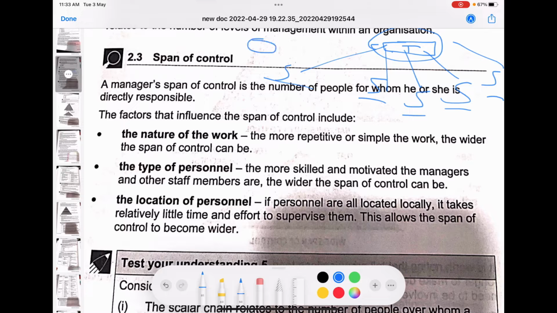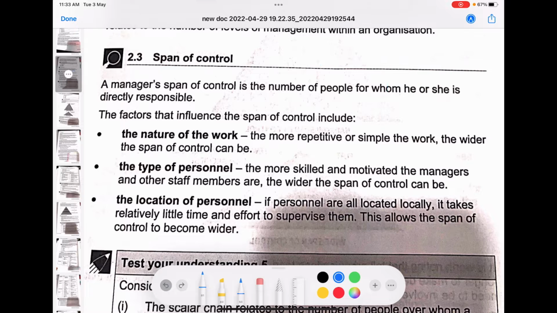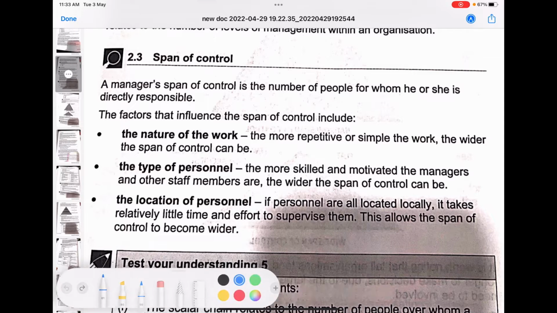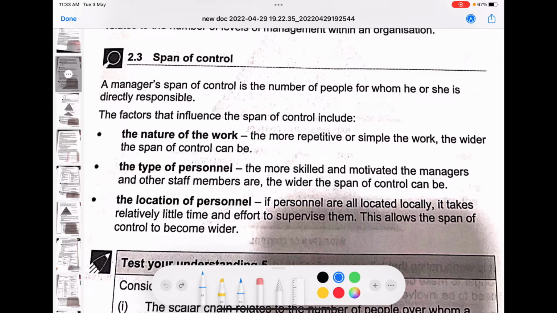So if this is an organization, if this is a manager and these are a few employees, 1, 2, 3, 4, their span of control is 4. So the number of people we are able to manage, the number of people whom we are responsible for, that is known as the span of control.